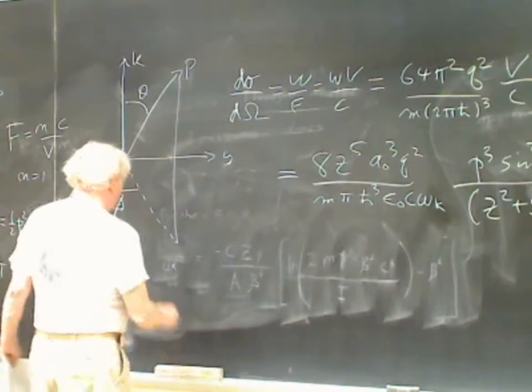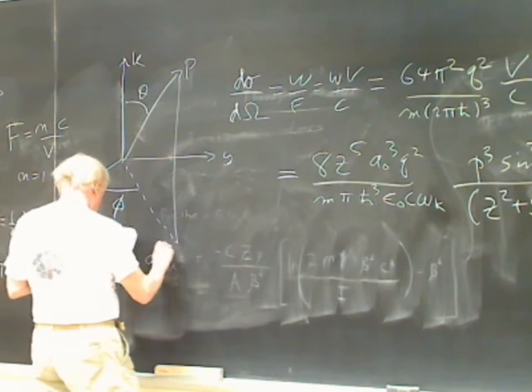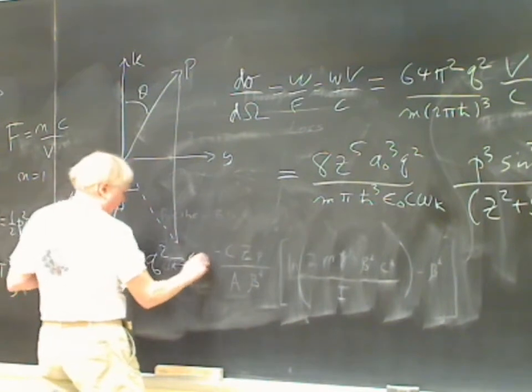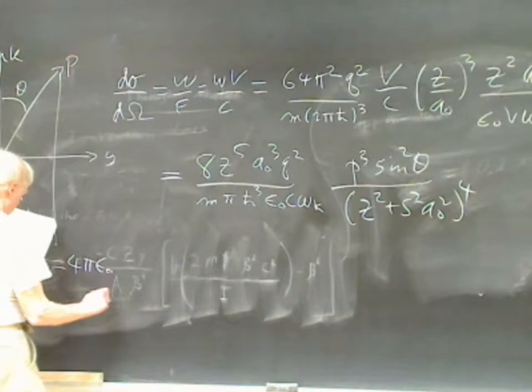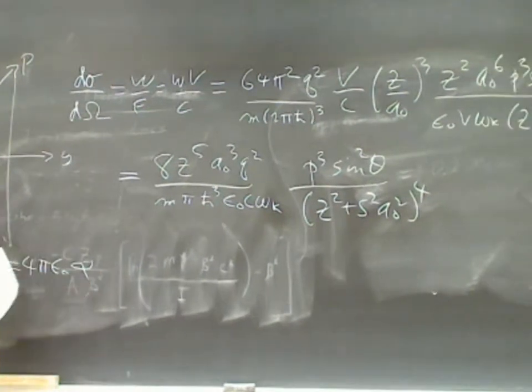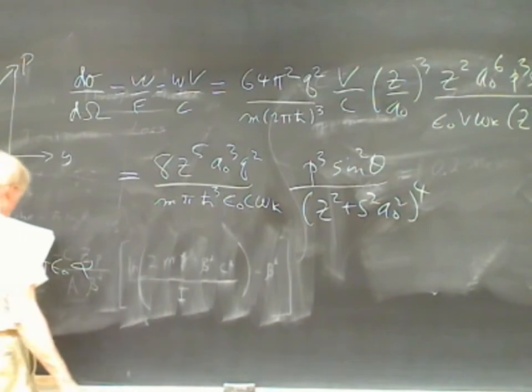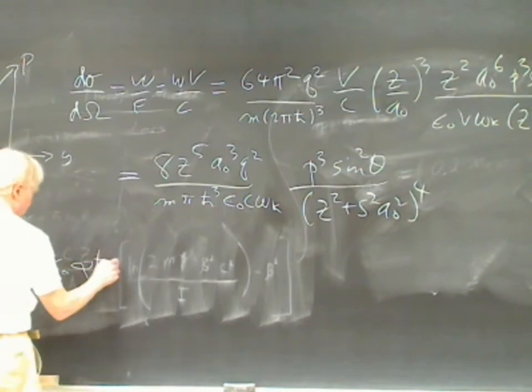Now you remember Q squared in SI units is 4 pi epsilon 0 times the fine structure constant alpha, which is 1 over 137, times h bar c.